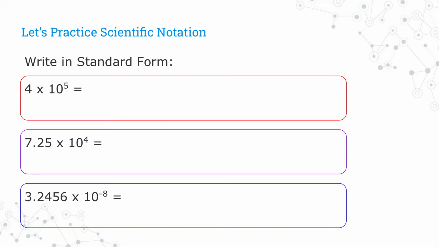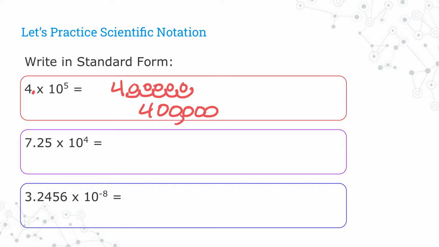For this one, we have 4 times 10 to the 5th, which is going to be 4, and presume there's a decimal there, so 4, and then we go 1, 2, 3, 4, 5. So we're left with 400,000.